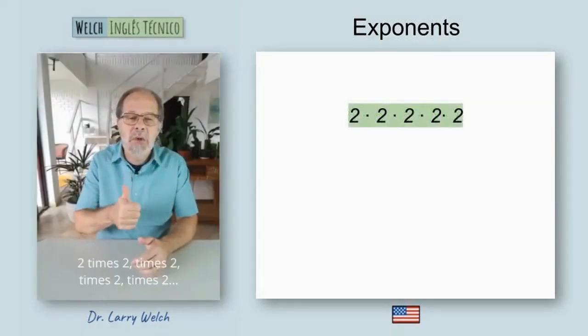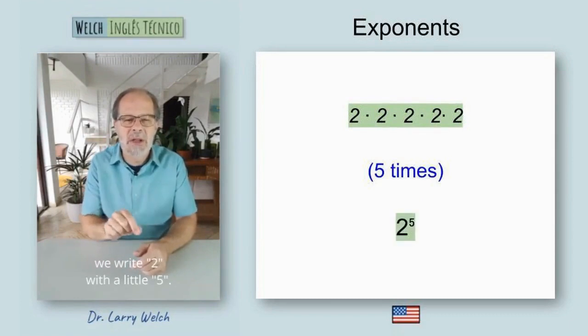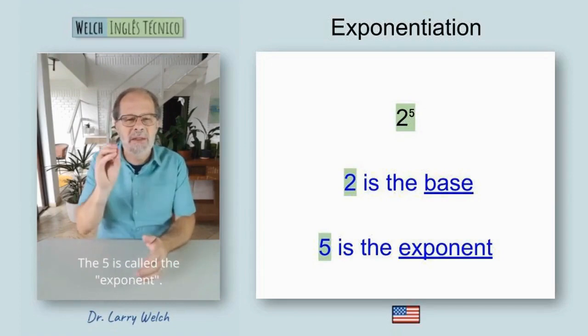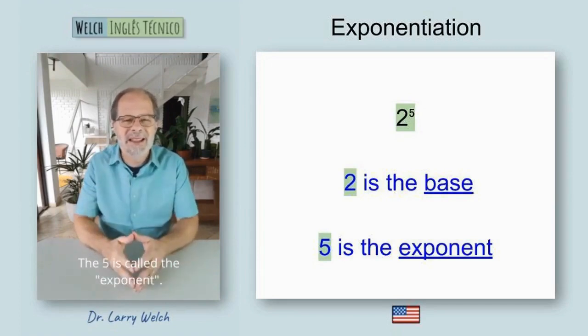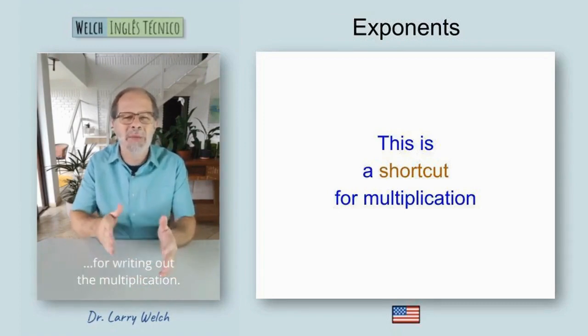So, 2 times 2 times 2 times 2 times 2, 5 times, we write 2 with a little 5. The 2 is called the base, the 5 is called the exponent. That is a shortcut for writing out the multiplication.